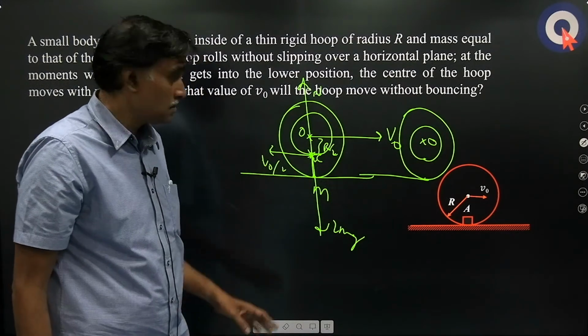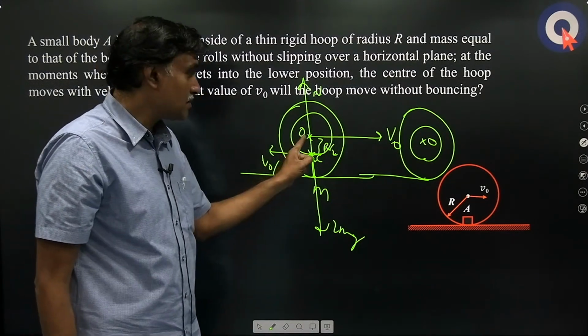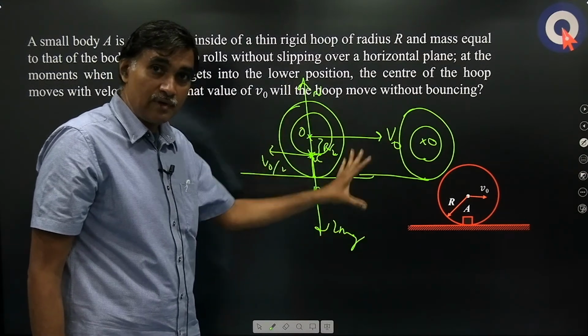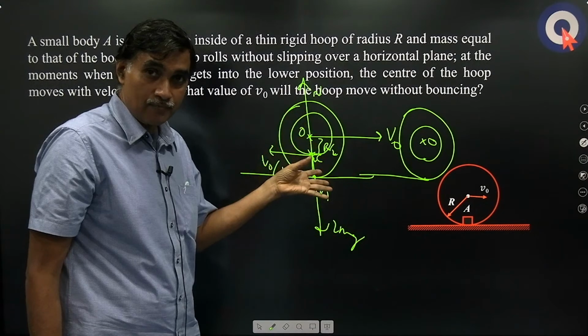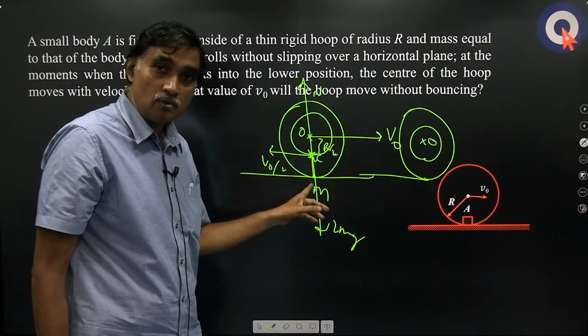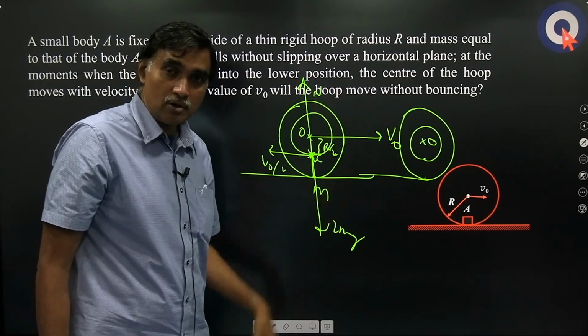Any doubt? Center velocity is V naught. Then the velocity of any point because of rotation is r omega, where omega is V naught by capital R, because it is rolling on the ground. The rolling condition is V naught equals R omega.